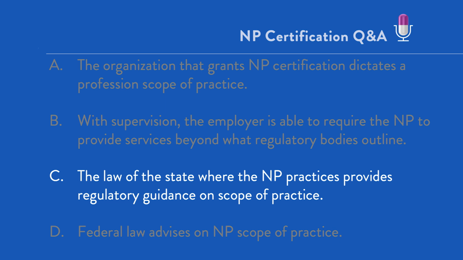Option D, federal law advises on NP scope of practice. This is interesting. The federal law has virtually no oversight on NP practice with the exception of controlled substances. So the DEA does comment and dictate practice for select controlled substances. Obviously, that's not the correct answer.